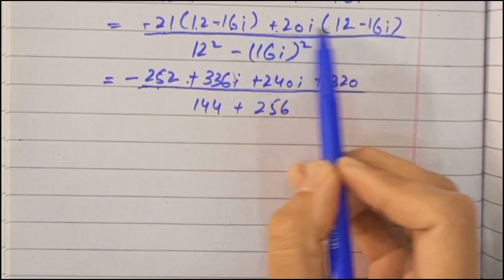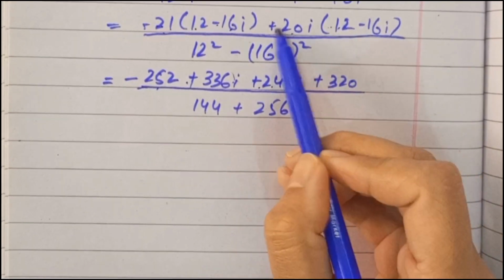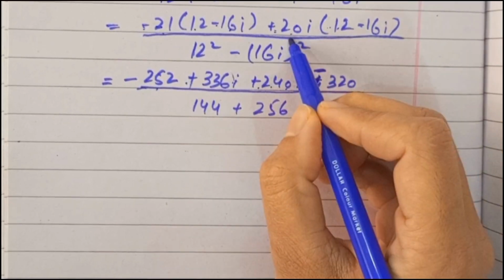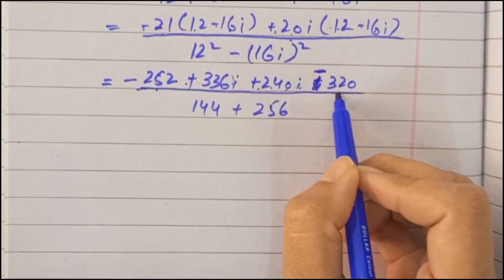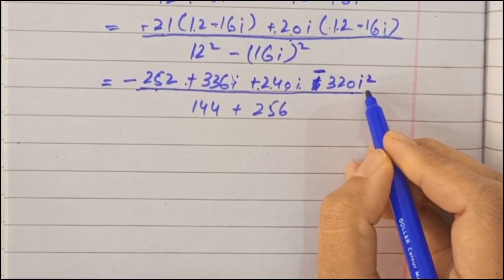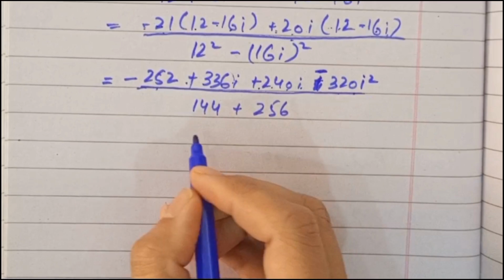Then again, plus plus is plus. 20 multiplied by 12 is 240i. Plus minus is minus. 20 multiplied by 16 is 320 and i square. i square is always equal to minus 1. So minus minus will be plus.